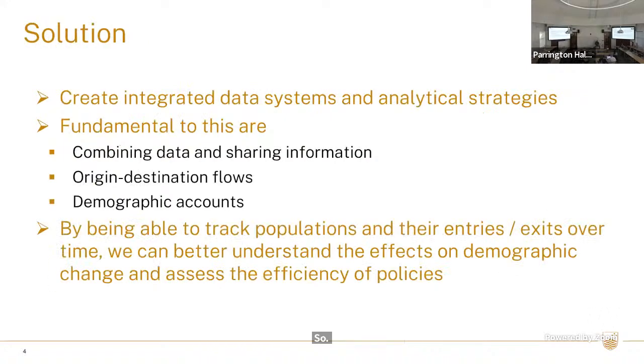To me, the solution to all this is to move away from that silo approach to research and start thinking about systems, either population systems, or, if we think about data, data systems and analytical strategies. And fundamental, I think, for analyzing migration are combining and sharing information.